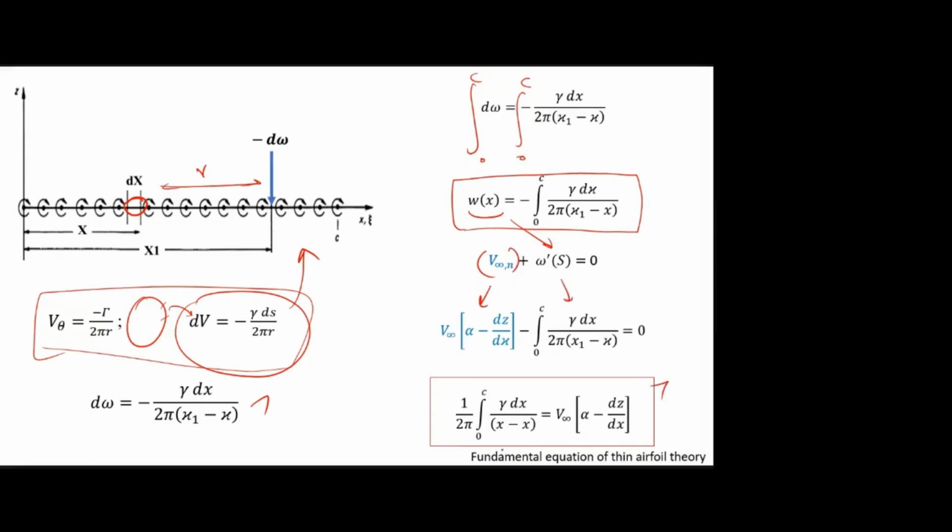Just rearranged, this is called the fundamental equation of thin airfoil theory. They may ask this for 6 marks. Writing the dividing streamline equation gives the fundamental equation of thin airfoil theory. We simply have to prove the normal velocity is 0, but the normal velocity is due to the free stream and the vortex sheet. Is it clear?